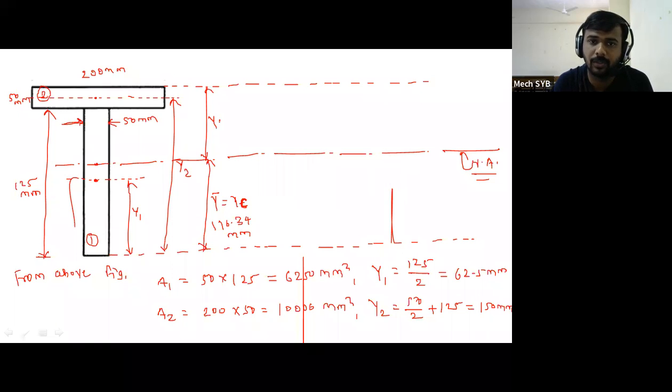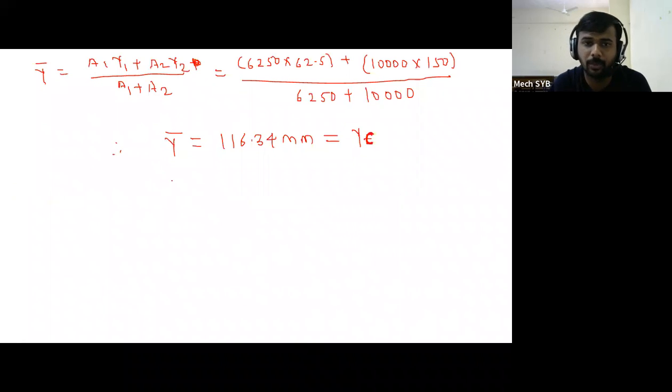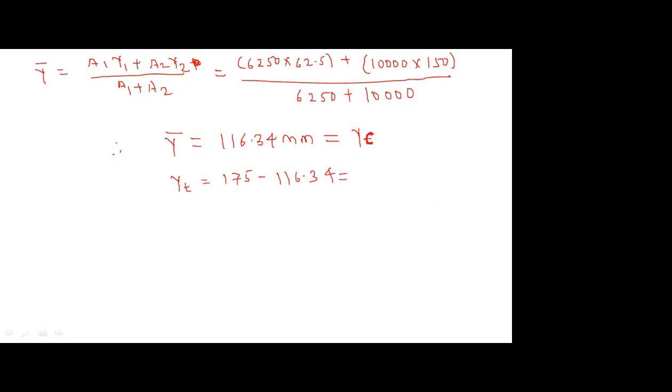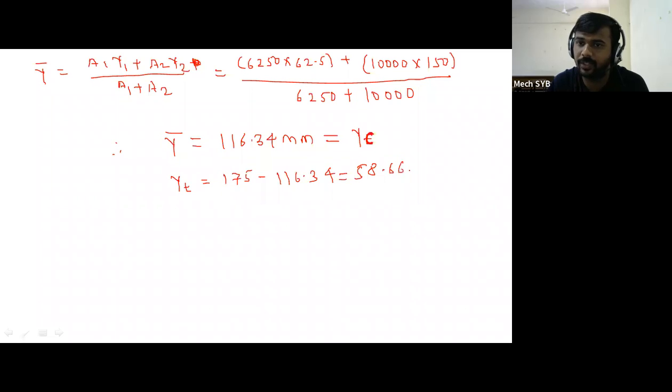So this is YT. What is the total distance? 125 plus 50, that is 175. So YT is equal to 175 minus 116.34. What is the YT distance? 58.66 mm.